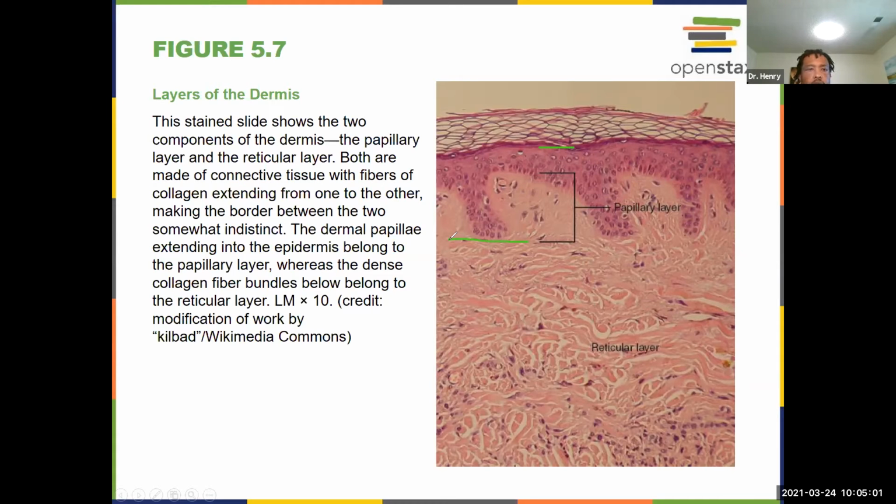And so we know that collagen, you guys are familiar with collagen, right? What does collagen do? And what does elastin do? What is it? Is it a protein? Is it a cell? It's a protein, right? So collagen fibers, you've heard of collagen before?